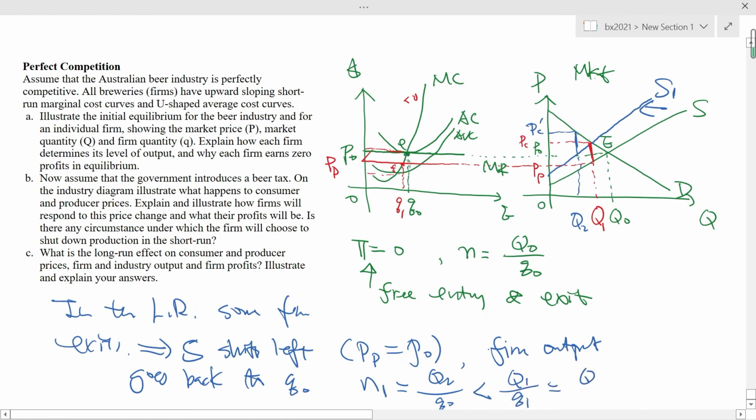This is equal to Q0 over q0. Okay. Alright, that's a graphical analysis of this perfectly competitive beer market.